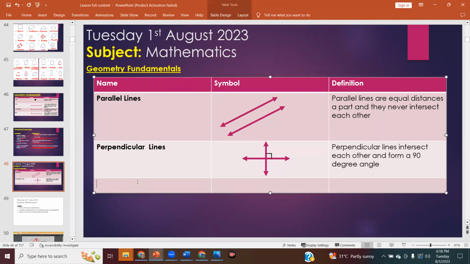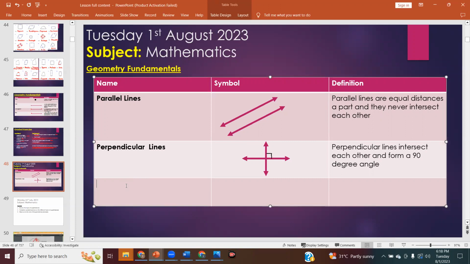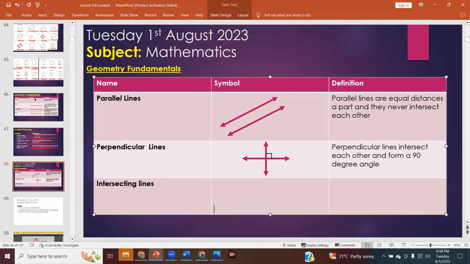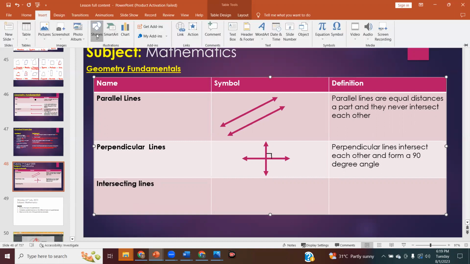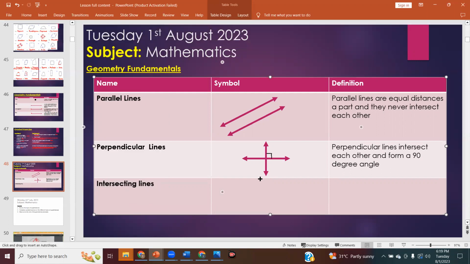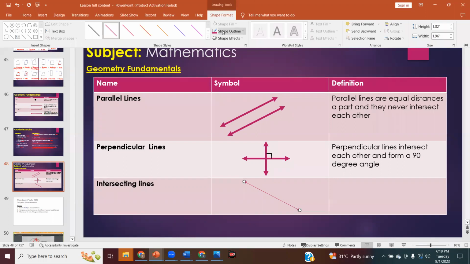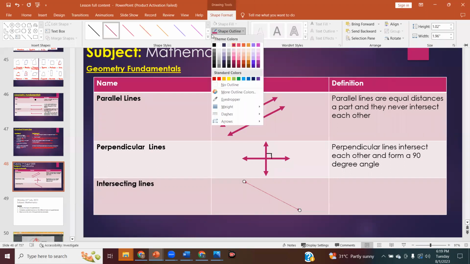So parallel lines, perpendicular lines, and then the next type of lines is obviously intersecting lines. So how do they look? The intersecting lines, it doesn't matter. These lines just intersect, and so they don't have to form anything in particular once they meet. Once they touch each other, we call them intersecting lines.